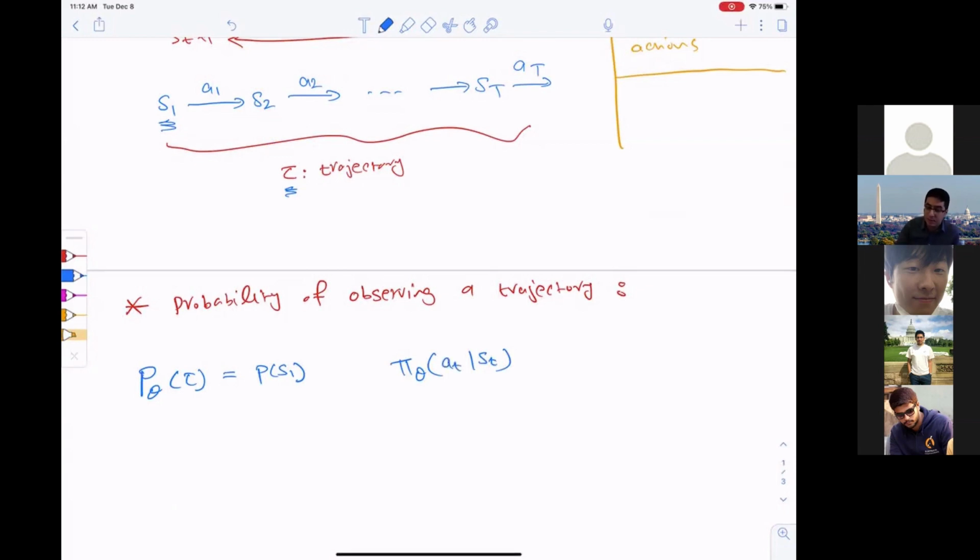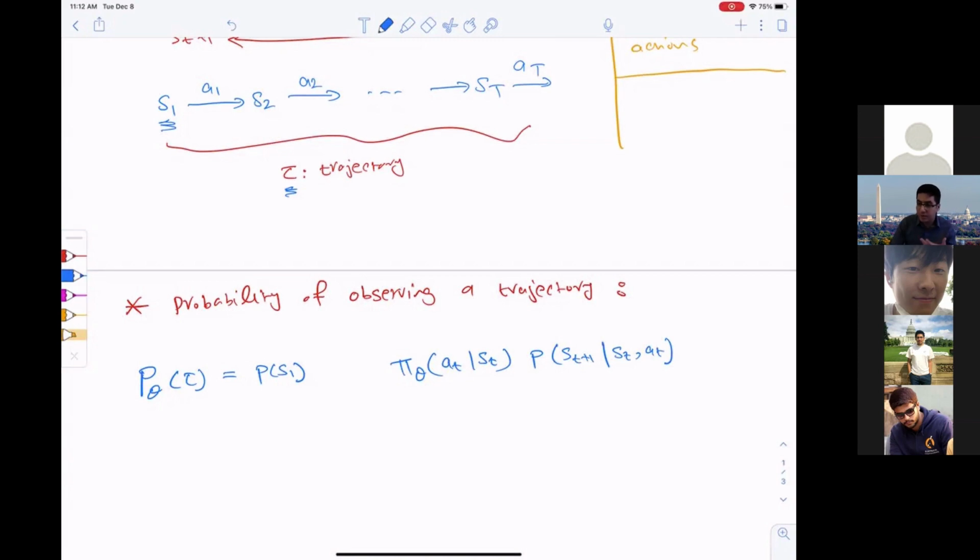So that's the probability of taking action A sub t given I'm at state S sub t. And after I take that action, my environment is going to take me to a new state, S sub t plus 1, given that state and the action that I have taken.